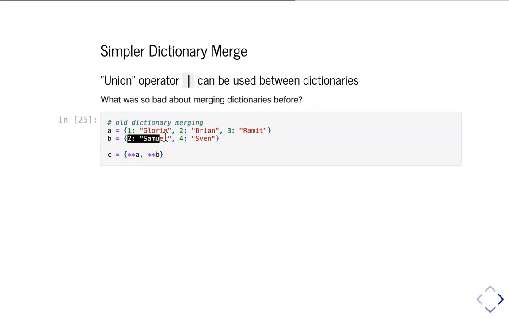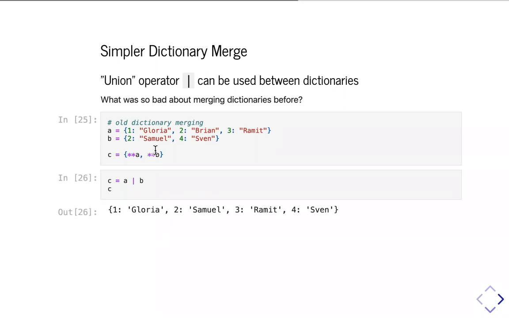And here's another one, it's got an overlap with the numbers. So if we merge B into A, B replaces this number 2. So now it's Sam and Ramit and then Sven.